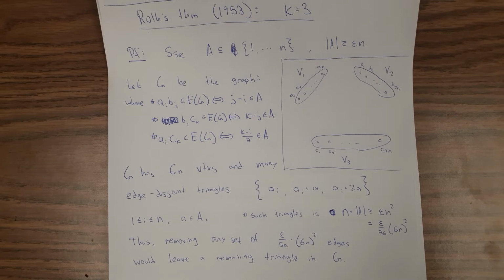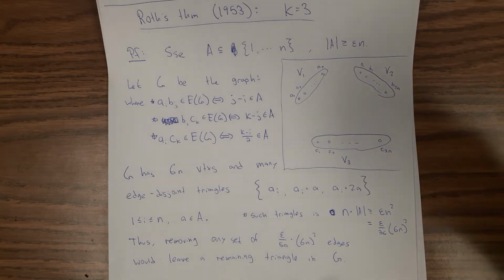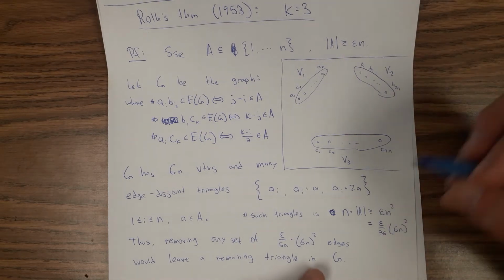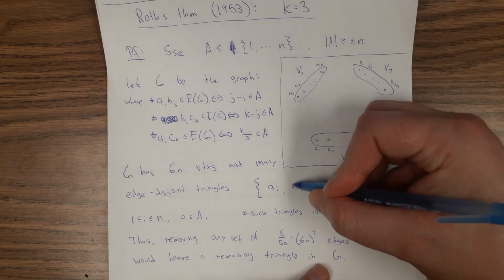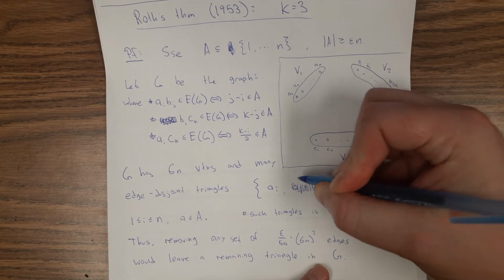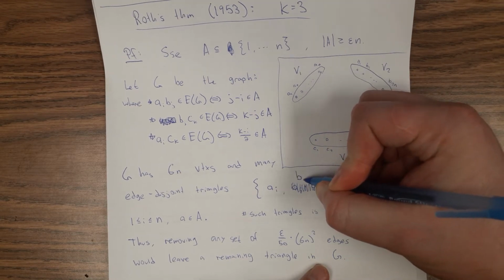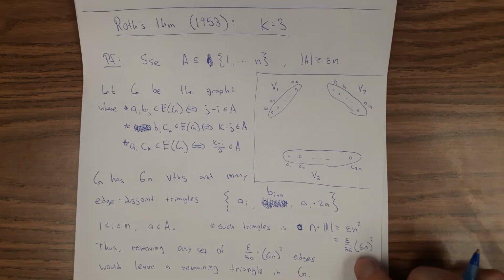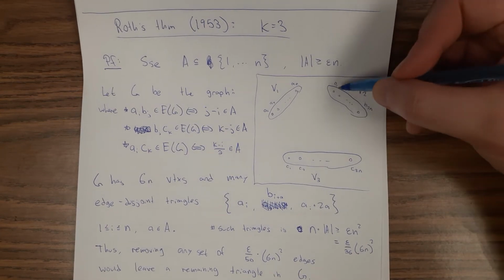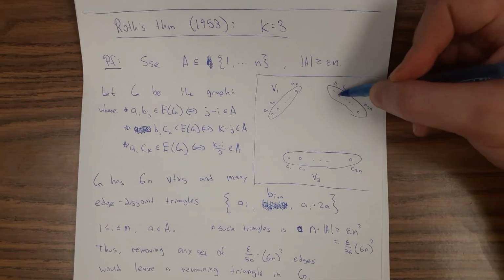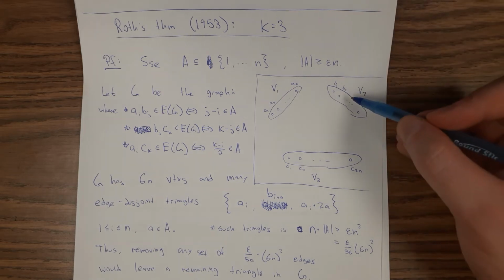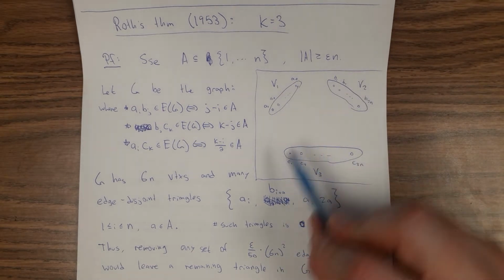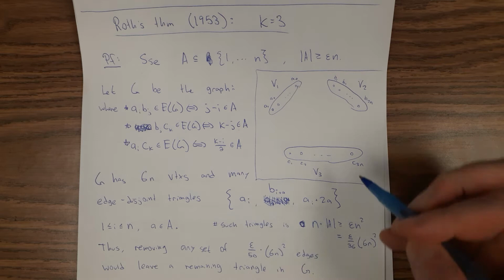Wait a second. Yeah, so sorry, let me fix this. This should say b sub i plus a in the subscript. Because what I meant to do is pick a B vertex, and I'm claiming that this is forming a triangle.